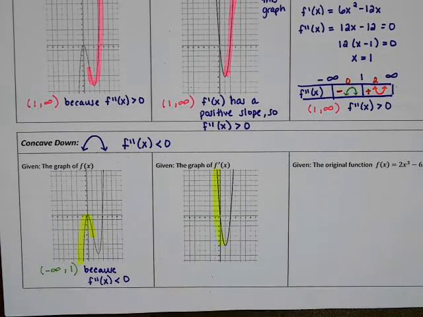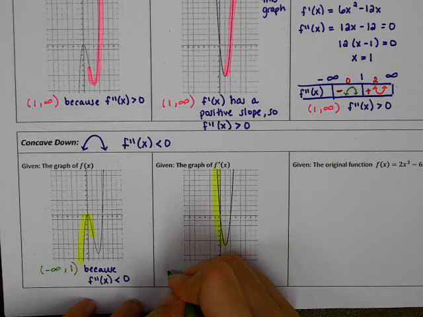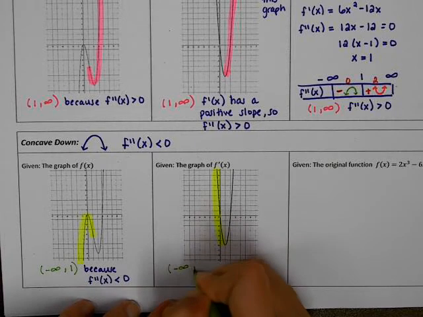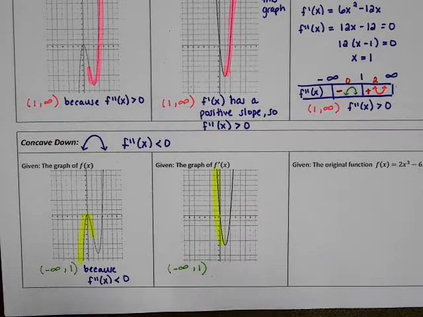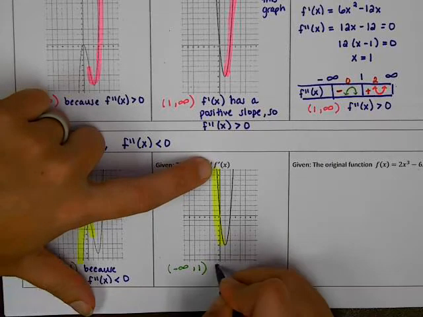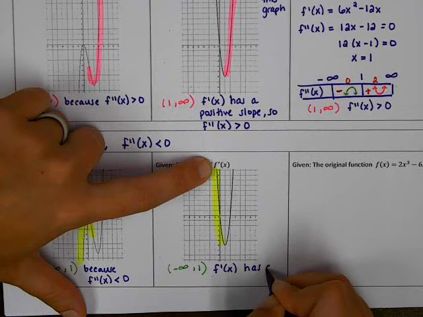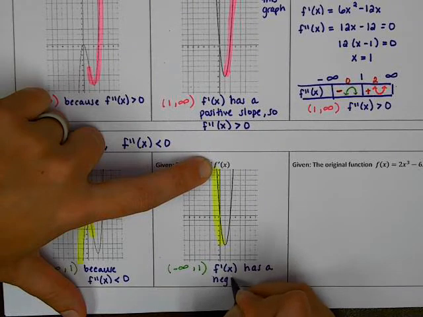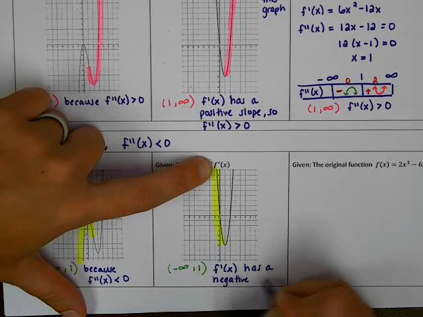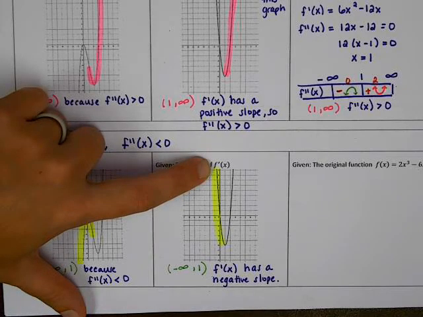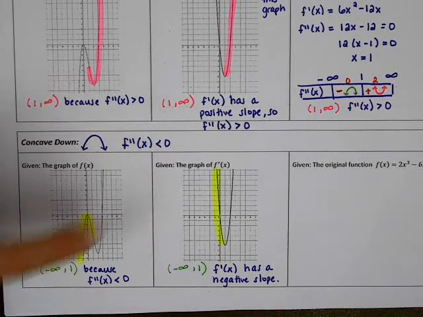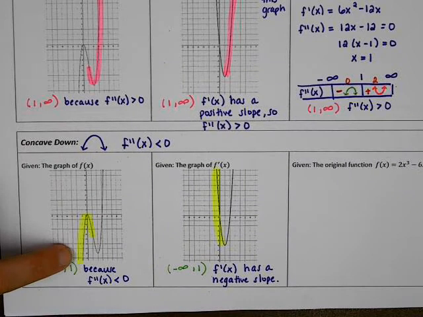So the original function would be concave down between negative infinity and 1 because the derivative has a negative slope. So since the derivative has a negative slope, the original was concave down.